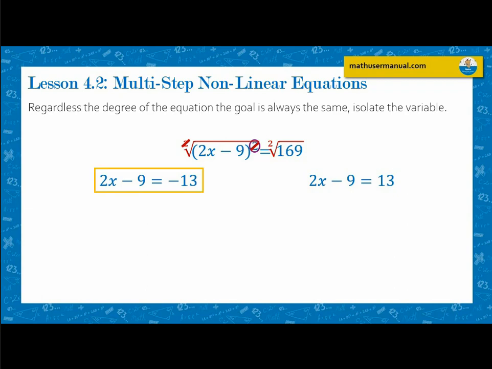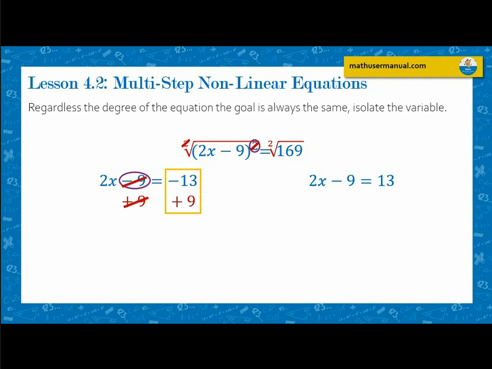Let's solve first the left side, the negative solution. This is a two-step equation as we solved in Unit 3. We first take care of the negative 9, then we take care of the 2 multiplying. So the inverse operation of a negative 9 is a positive 9. We cancel the 9's, but we must also add 9 on the right side.